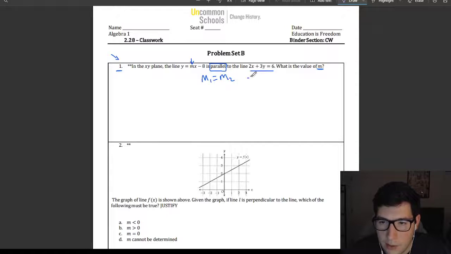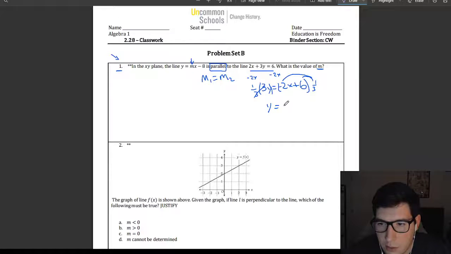So I'm going to go ahead and subtract 2x from both sides of this equation. So I'm going to end up with 3y is equal to negative 2x plus 6. From there, I'm going to multiply both sides by 1/3. I'm going to distribute that 1/3 in. Remember, these will cancel out on my left, and that is by design.